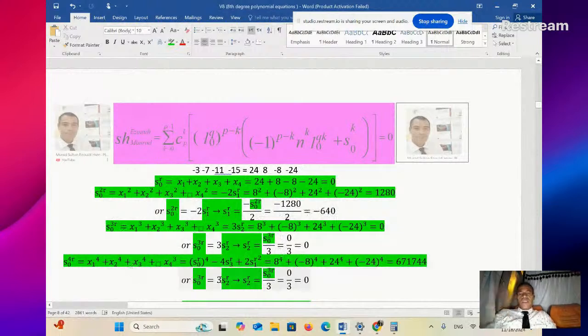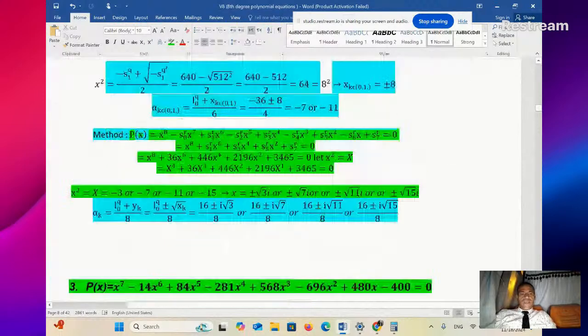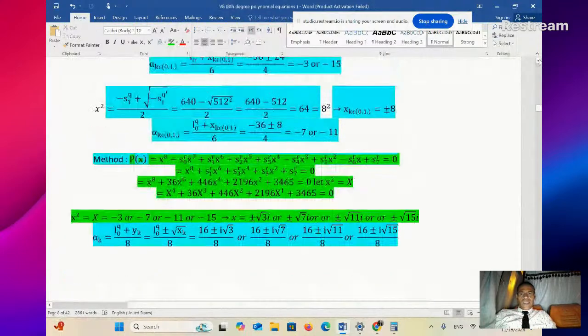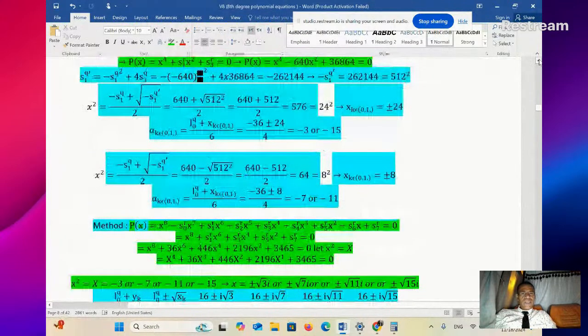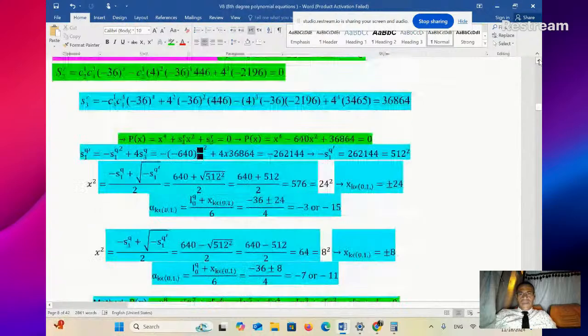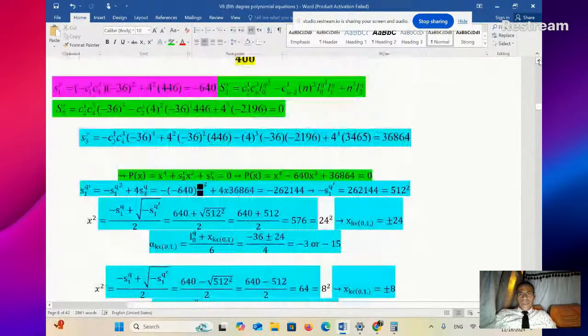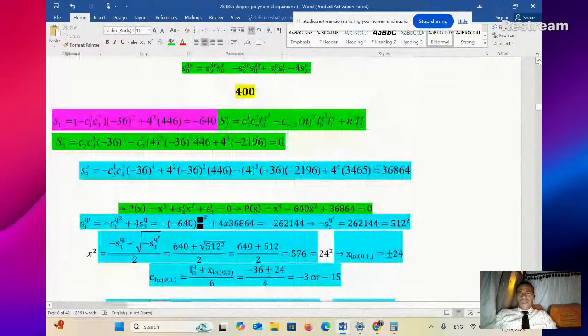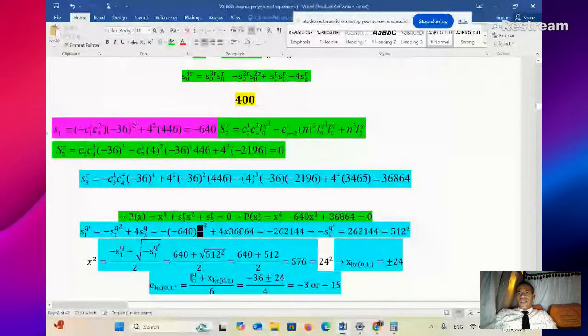Now, for the next, learners, I'm going to calculate this one. I will go step by step. So therefore, learners, S1 is negative 640. If you use the formula of this summation, really, when substituting k, you will get negative 640.